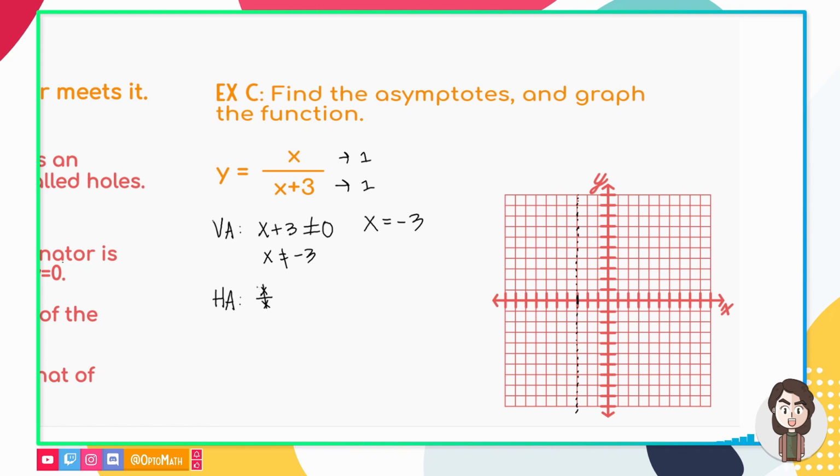Those will go to 1, and that's just 1 over 1, which of course is 1, so that's the equation of our horizontal asymptote, and of course that's going to be a y. So y equals 1 is our horizontal asymptote. So let's graph that. Here's y equals 1, and we'll do a dotted line.